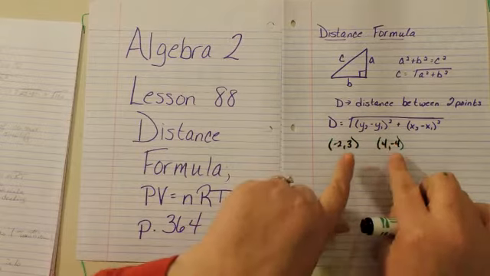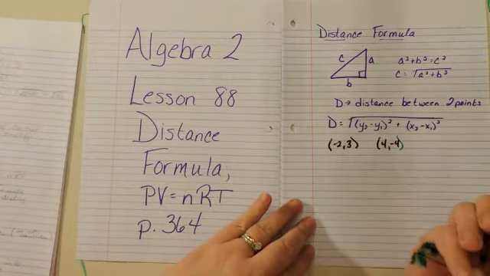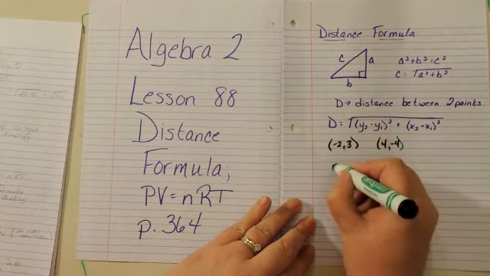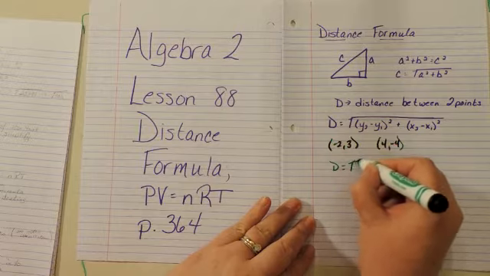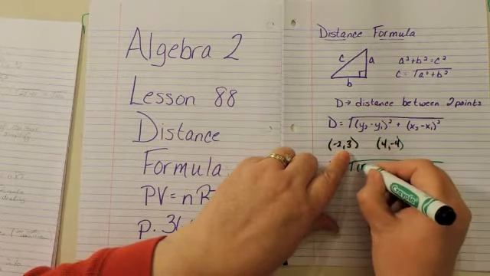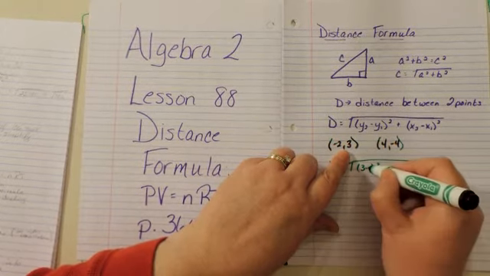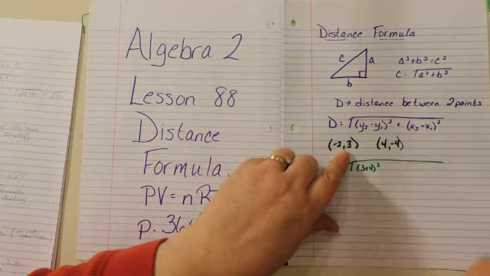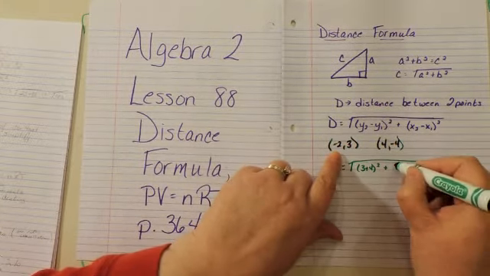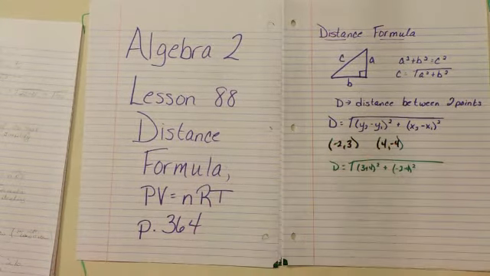Okay, so the distance, the difference in the y, we call this 2 and this 1, just to pick one. This is going to be the distance equals the square root of 3 minus 4 squared, minus 4, so that's actually going to be 3 plus 4, plus negative 2 minus 4 squared.